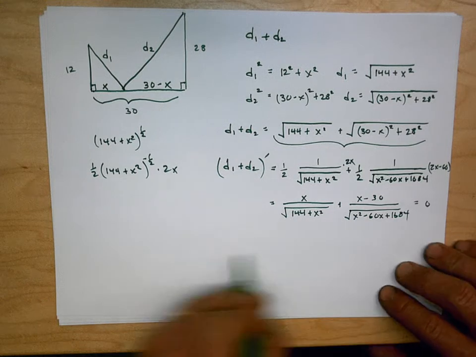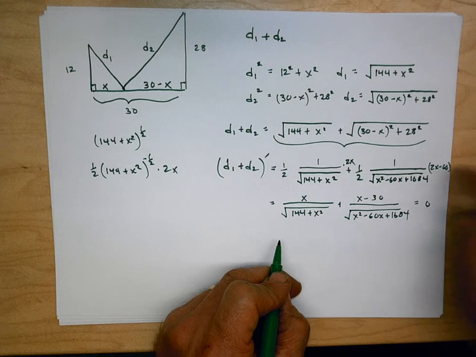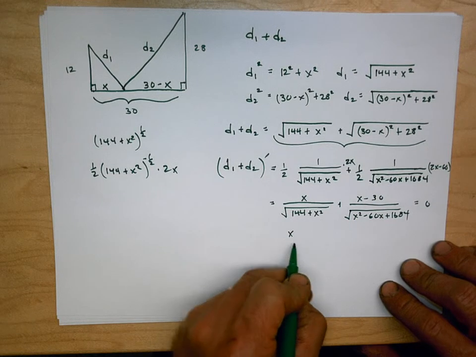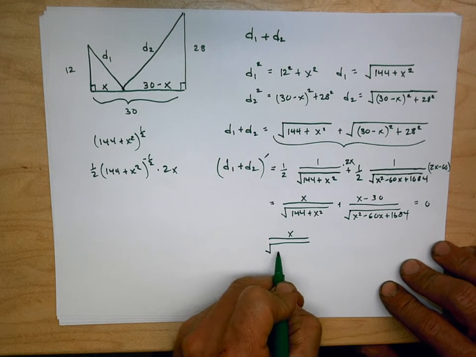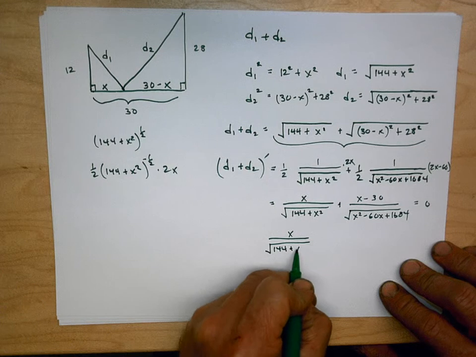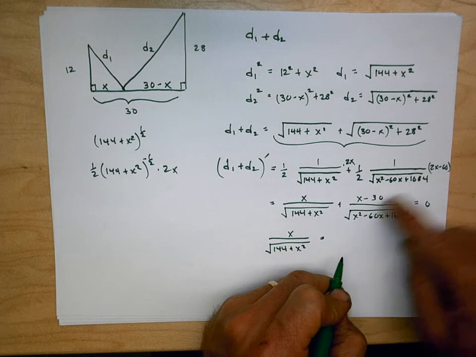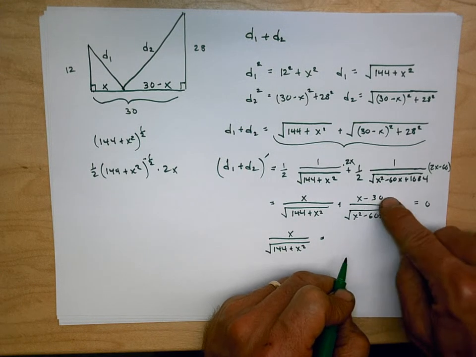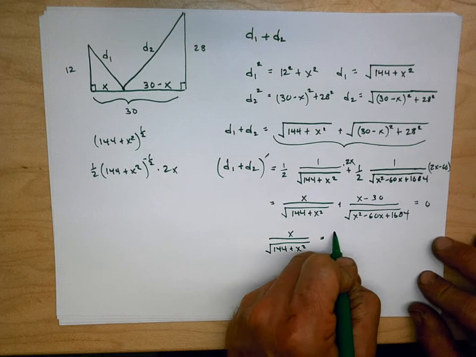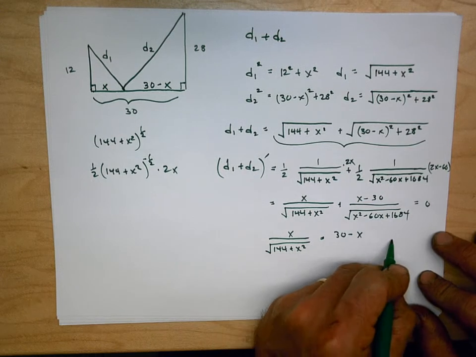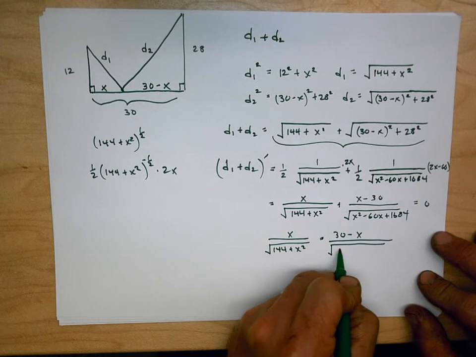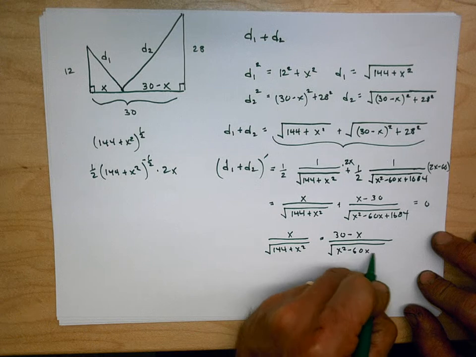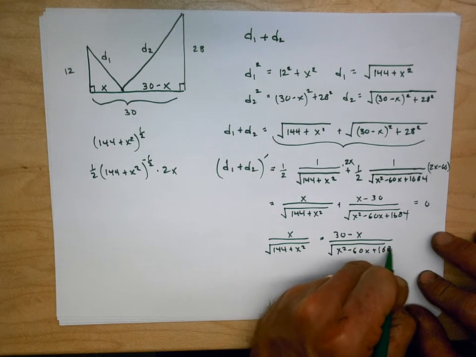So what I end up with, once I move this over to the other side, I have x over the square root of 144 plus x squared equals, and that's going to be negative, so I'll switch those. That'll become positive 30, that'll become negative x over the square root of x squared minus 60x plus 1684. And now they're equal.